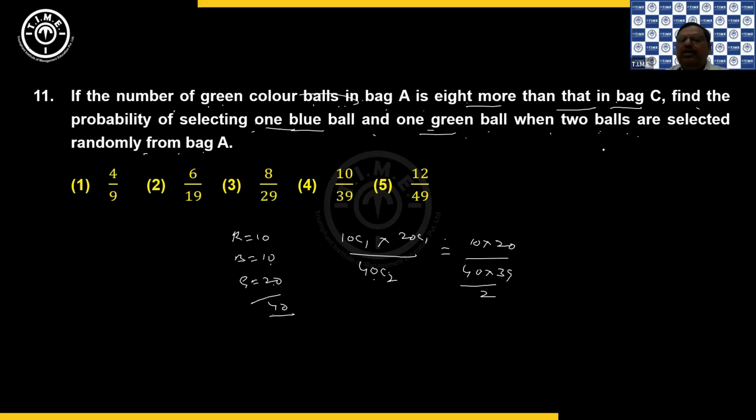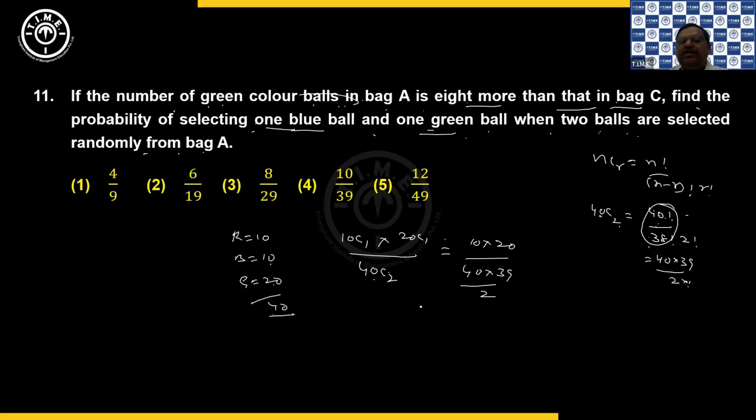I'm sure you know the formula nCr is equal to n factorial by (n minus r) factorial into r factorial. 40C2 is 40 factorial by 38 factorial into 2 factorial, so only 40 and 39 will remain, and by 2 factorial means 2 into 1.